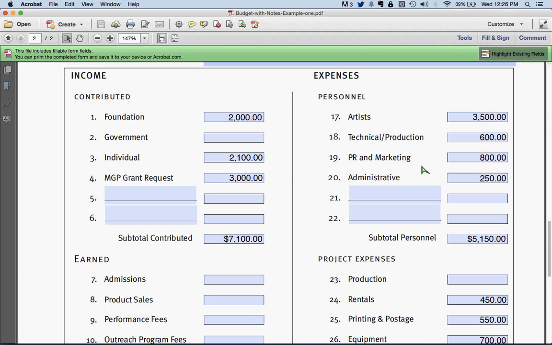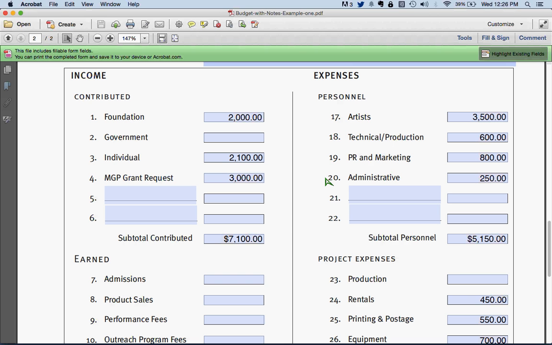And let's take a look at some of the other categories here. We have this broken down into personnel, so the people that I was talking about. We have artists' fees, technical and production, so PR and marketing costs. I think probably they have someone here assisting them with some kind of PR and marketing.